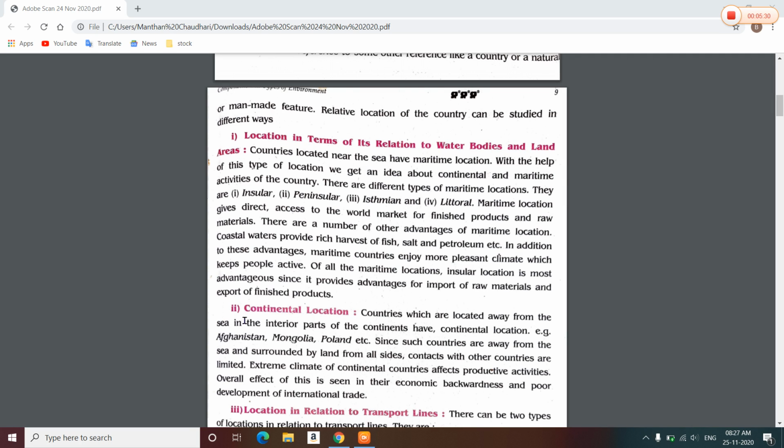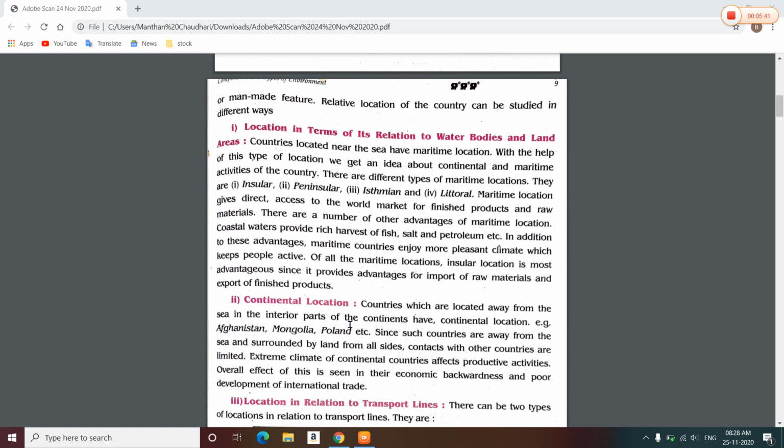Now, second type of relative location is continental location. Countries which are located far away from the sea are surrounded by land from all sides, so they are also called landlocked countries.